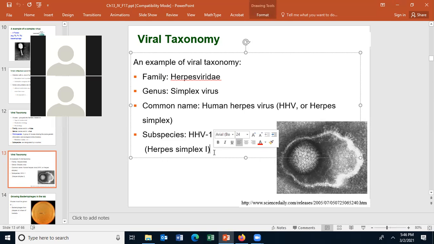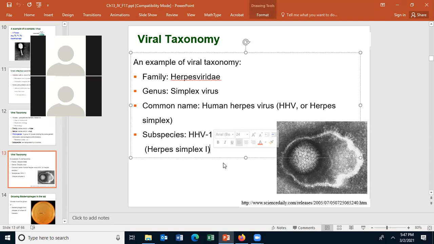Another better example showing you how different the subspecies can be is with the poliovirus. I don't know the numbers for this, but I imagine poliovirus 1 is the virus that causes the disease polio. Everybody got that? The second poliovirus is the virus we use for the oral polio vaccine.